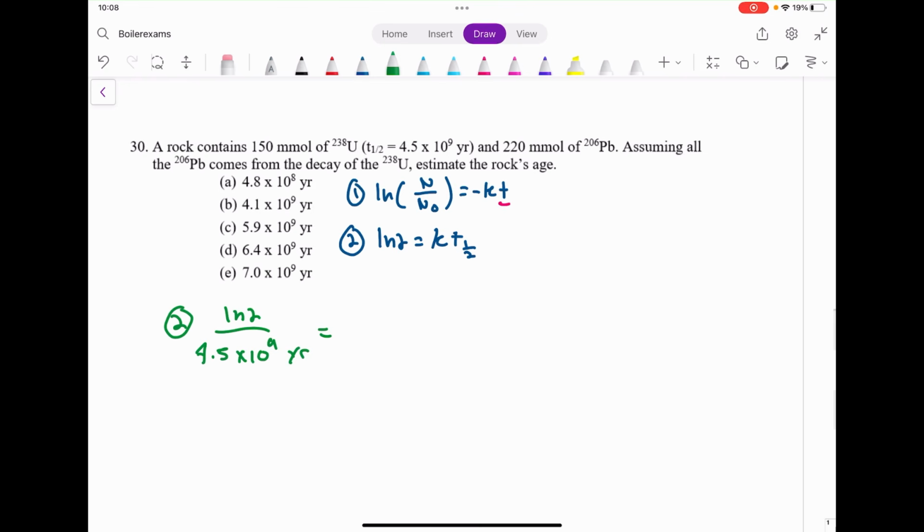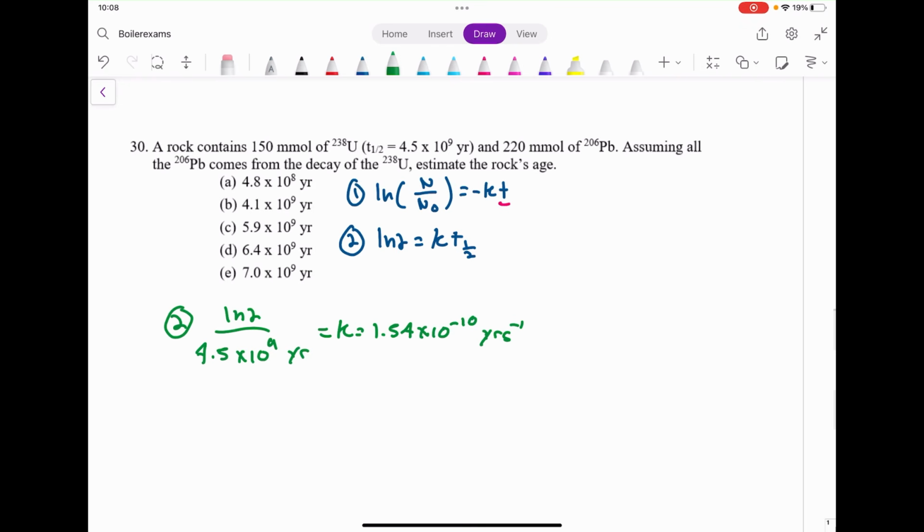Wait, no, that's equal to K. Oops. Which is equal to natural log of 2 divided by 4.5 times 10 to the 9th, 1.54 times 10 to the negative 10, and that's reciprocal years. Okay, so there's K.